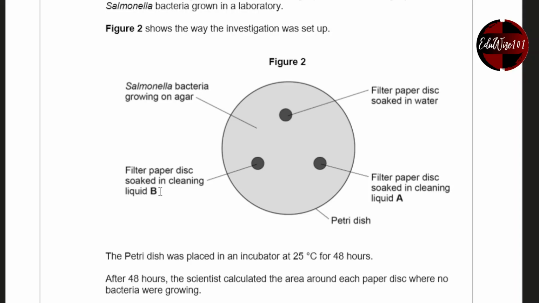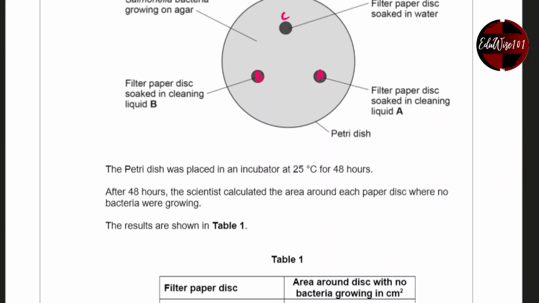Filter paper disc soaked in cleaning liquid B. Filter paper disc soaked in cleaning liquid A. So that's A and B, and that's the control without any cleaning liquid.